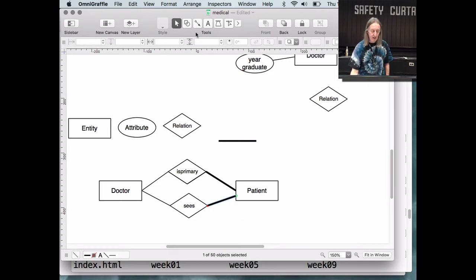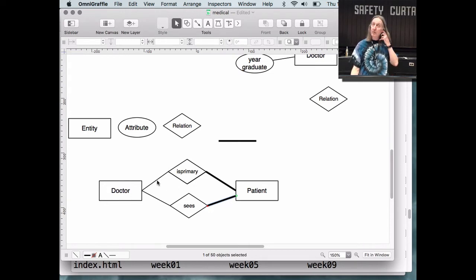Now, these sides I've left non-total. That one's a little bit debatable. A doctor might see no patients. That's what that says. A doctor can see 0 or more patients. A patient is seen by one or more doctors, okay? One or more because of that total participation.